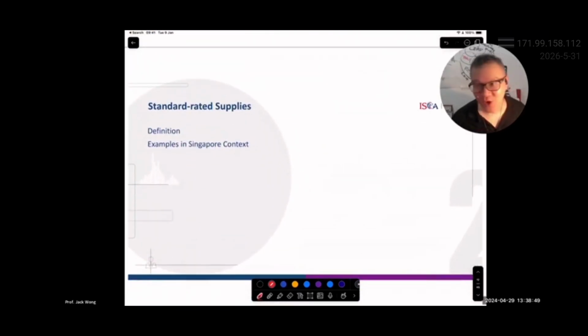In terms of the Singapore context, what are some examples of standard rated supply? Just imagine, after watching this video, you feel a bit tired, you go to 7-Eleven or another supermarket to buy a drink, and the supermarket is GST registered, and you pay GST on this.